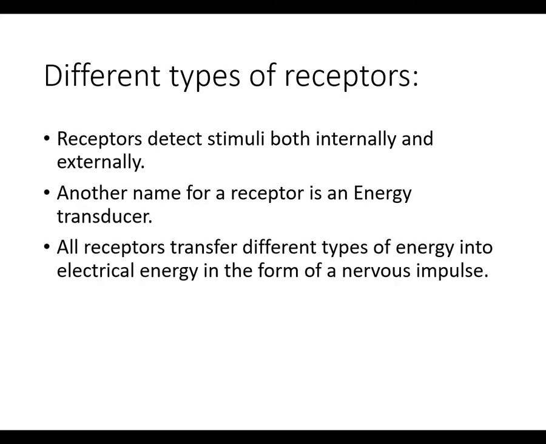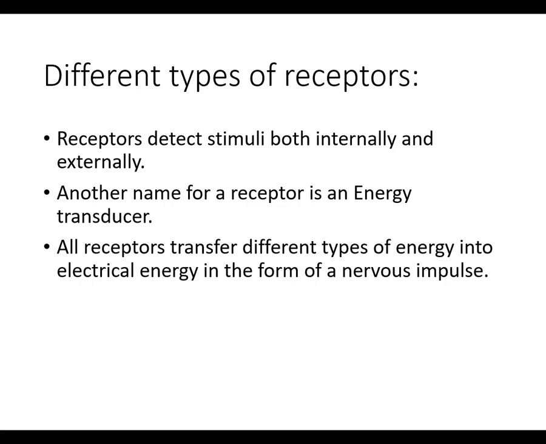So basically, we're going to start off by looking at some different types of receptors. Now, we spoke about this last time. A receptor is any cell in the body that detects a change or a stimulus that's either inside the body or outside the body. Because the nervous system transmits messages around the body via electrical impulses, another name for a receptor is an energy transducer.